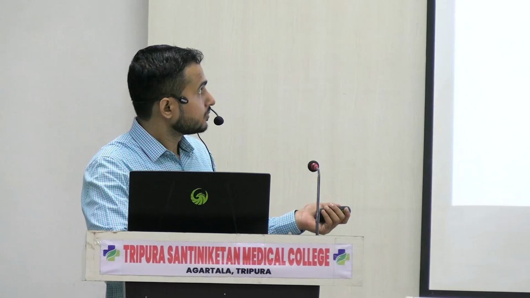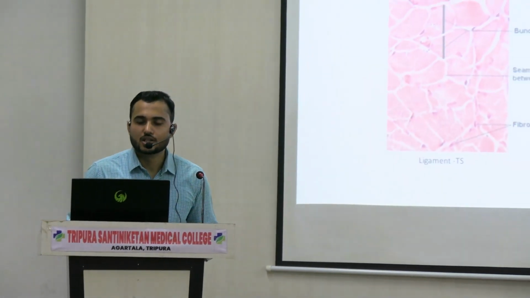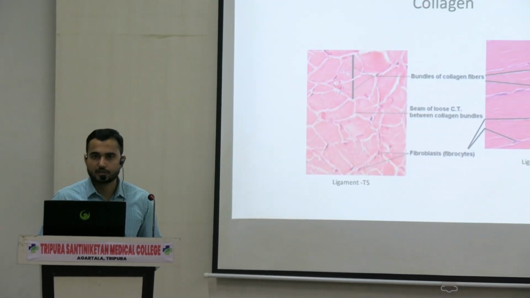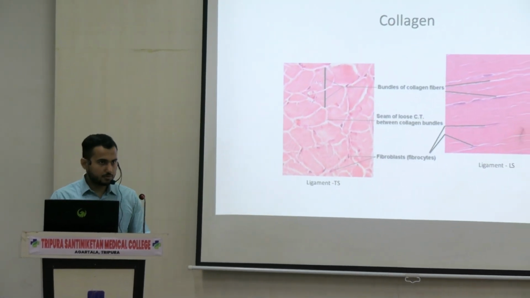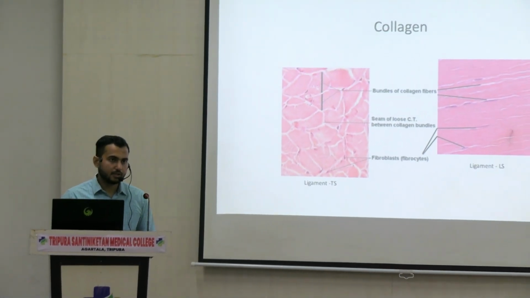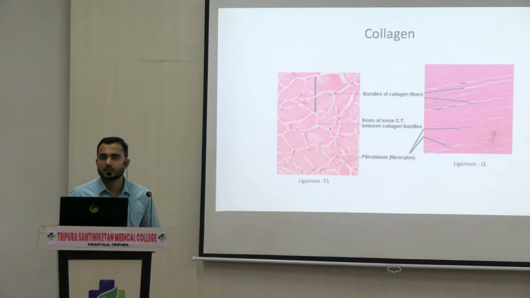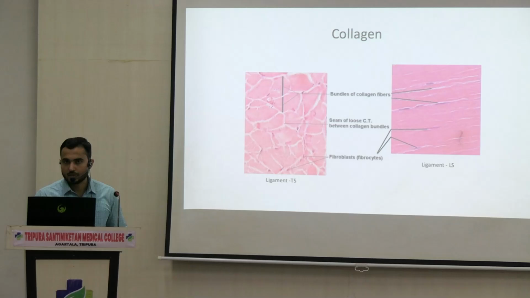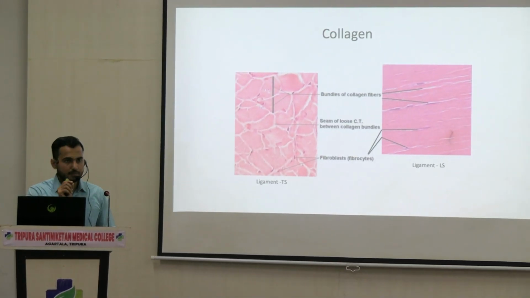Now, can anyone tell me where the collagen fibers are present in our body? Any guess? Now, when you study the structure of synovial joint, at that time you have to study about the ligaments. You have not studied the synovial joint in detail. Okay, when you study the synovial joint in detail, at that time you will come to know ligaments are there. I am not telling only ligament. Ligament is a part.